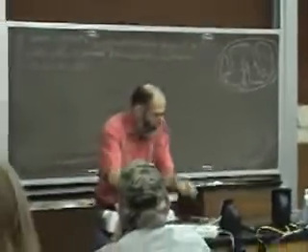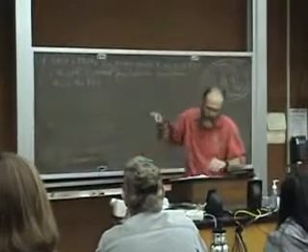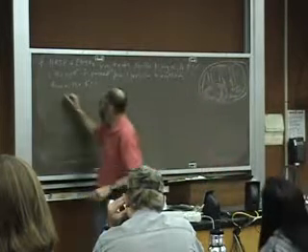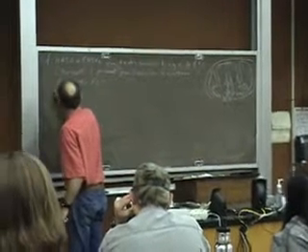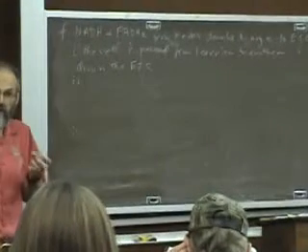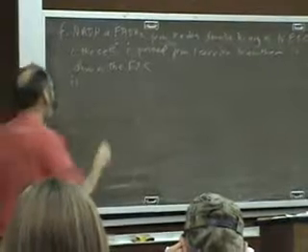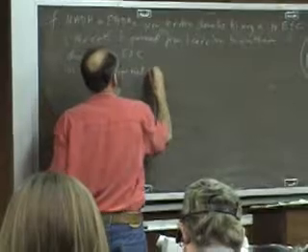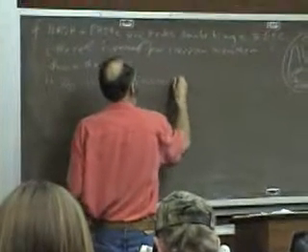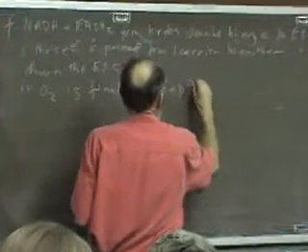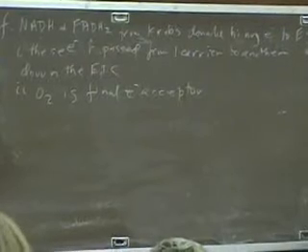So let's get back and talk about what's happening. The electrons are passed down, and eventually those electrons are captured by oxygen. Oxygen is the final electron acceptor. It is sitting down at the bottom of the waterfall, gobbling up all the electrons.